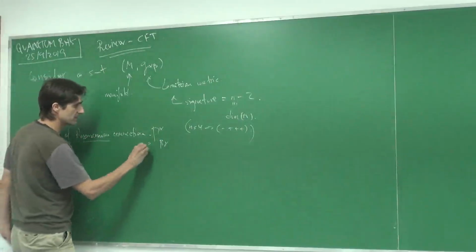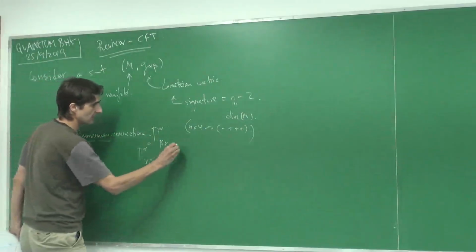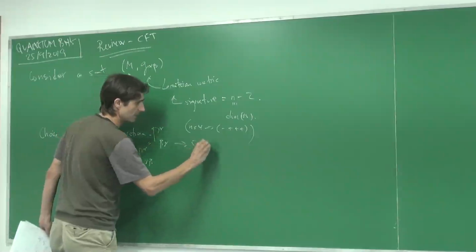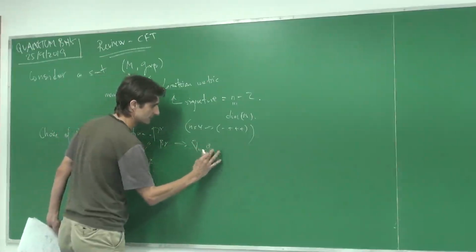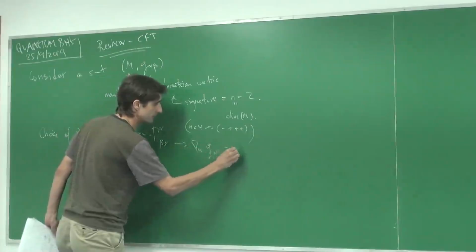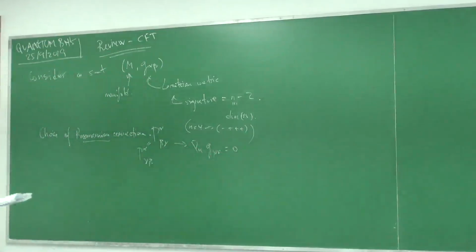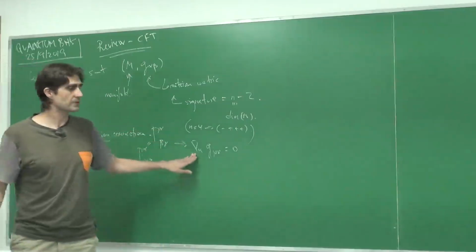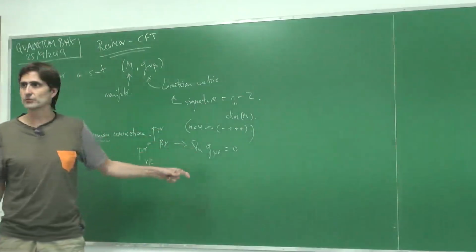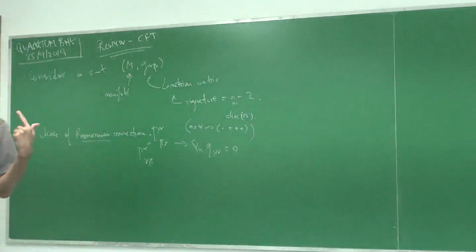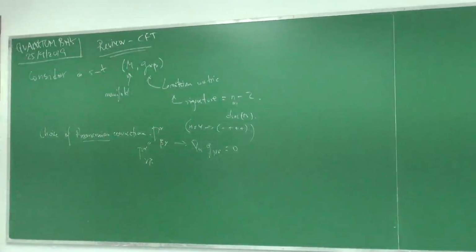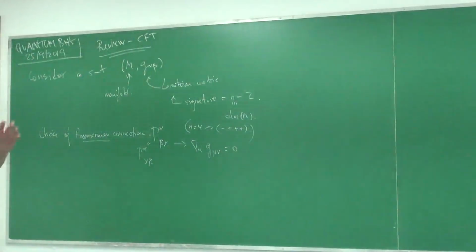Riemannian means that it's symmetric, and it also means that the covariant derivative of the metric is 0. So this is your covariant derivative that you can get in terms of the Riemannian connection. I'm assuming this is stuff that you know.